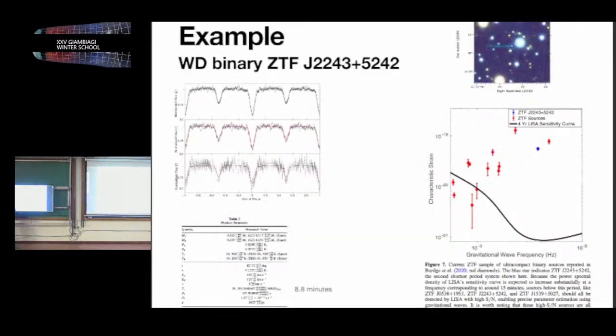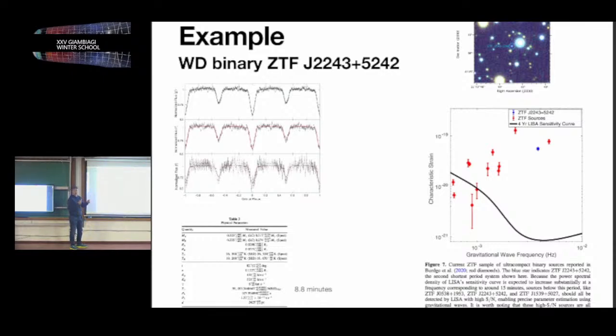So these are examples of people going out there with surveys of stars and finding binary stars of white dwarfs. These are the light curves where you can see the eclipses of the two stars. So these are white dwarfs. You can figure out from the spectra what they are.